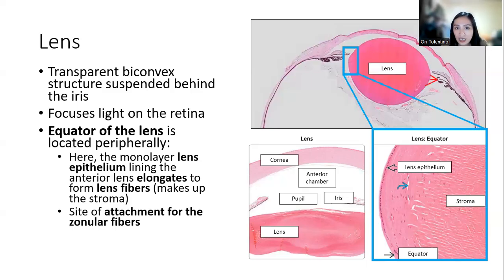But let's imagine that they stretch from the ciliary body to the lens, attaching at the equator like this. So in reality, the zonular fibers will be here. You can also see the small cracks or clefts in the lens stroma because of specimen processing.